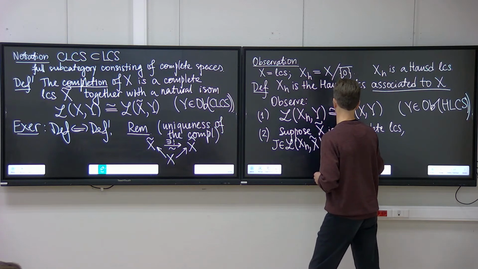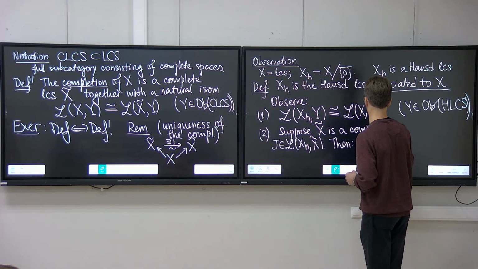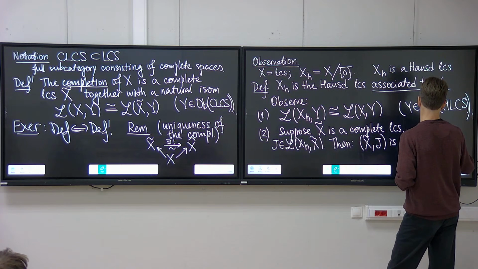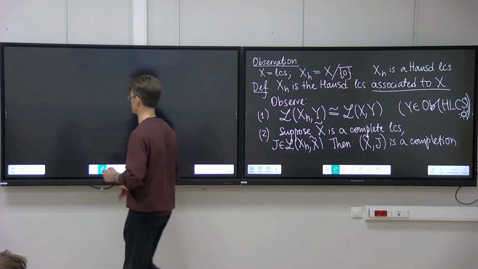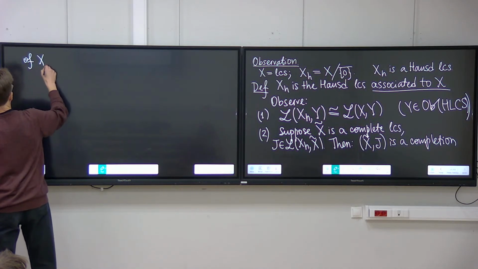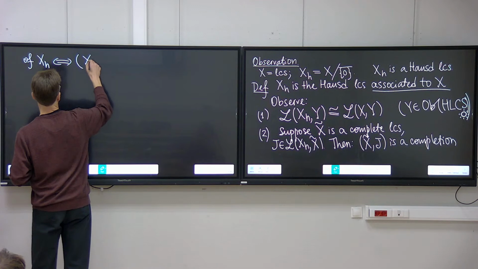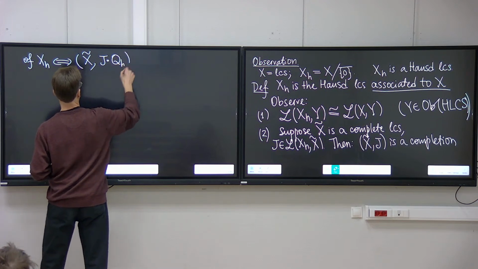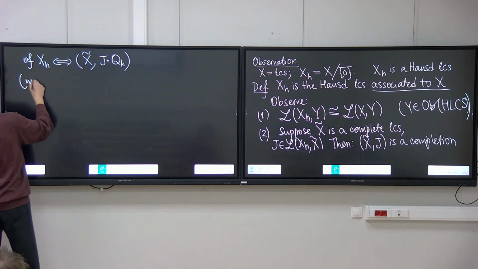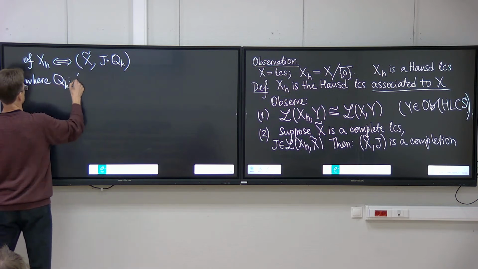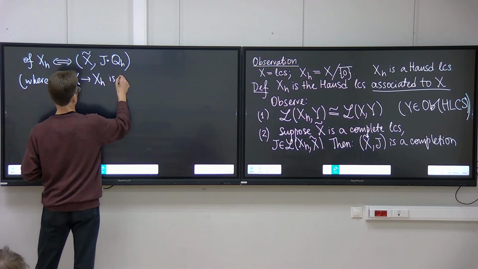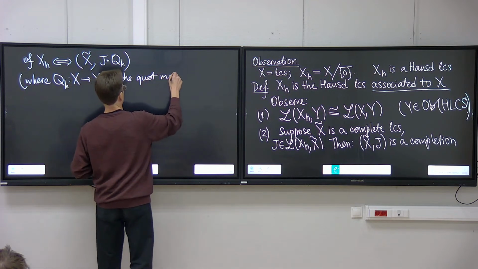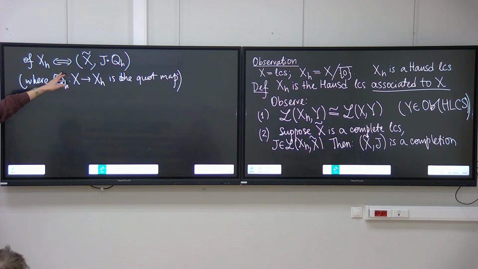I claim that if X tilde together with J is a completion of X_H, then the same space X tilde, together with the respective map, J composed with Q_H, where Q_H is the quotient map of X onto X_H, is a completion of X.